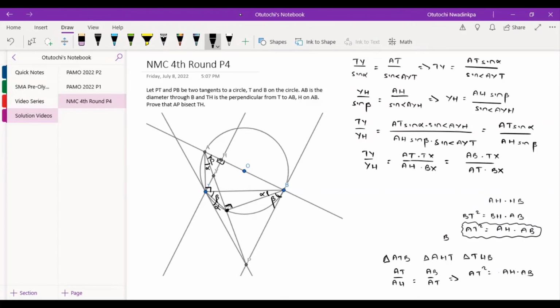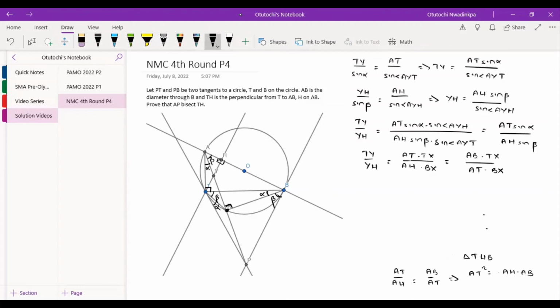Now you are trying to show that AB times TX is equal to AT times BX, right? If you may notice, AT, AB, TX, and BX are actually sides of a quadrilateral, and AT and BX, AB and TX are opposite sides of that quadrilateral.